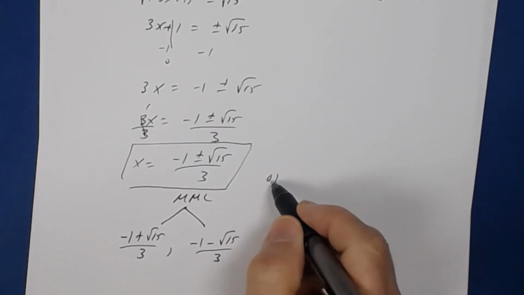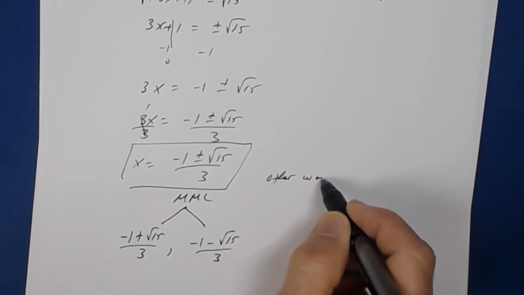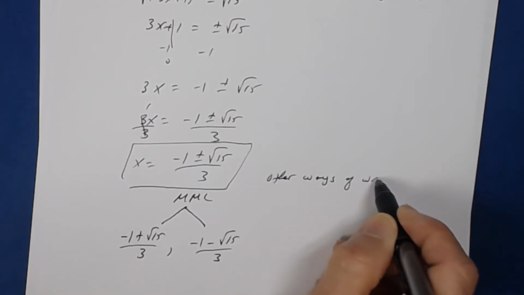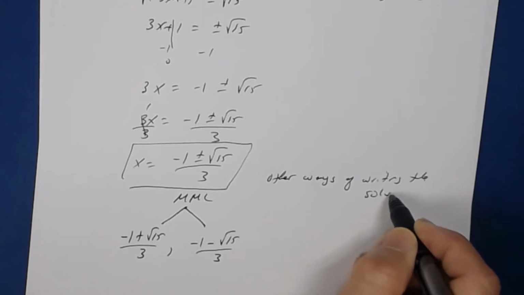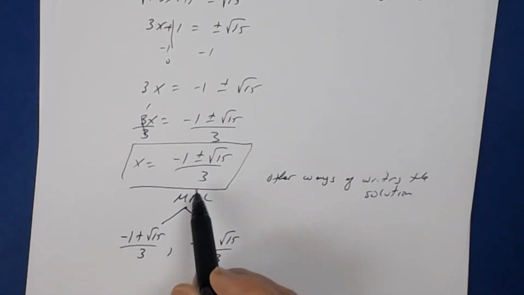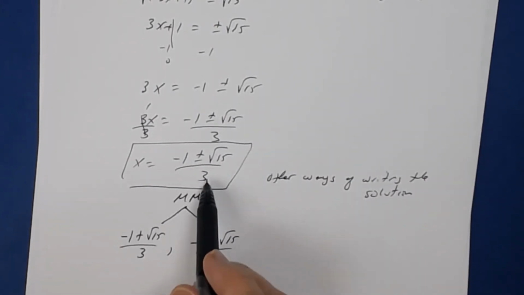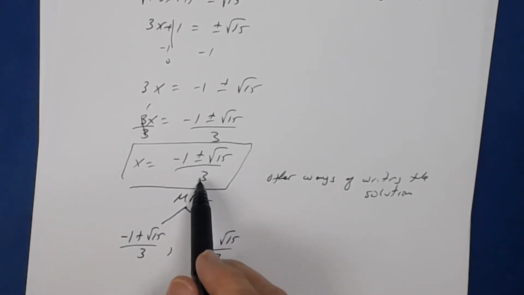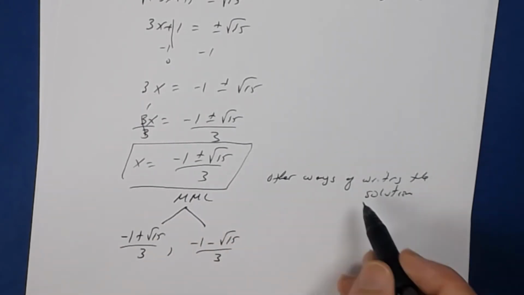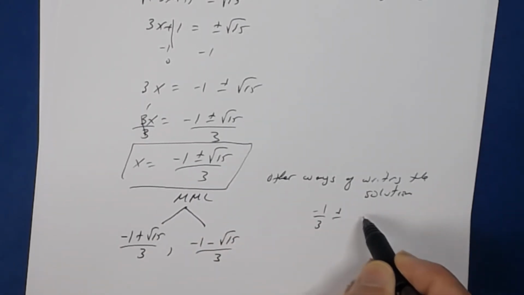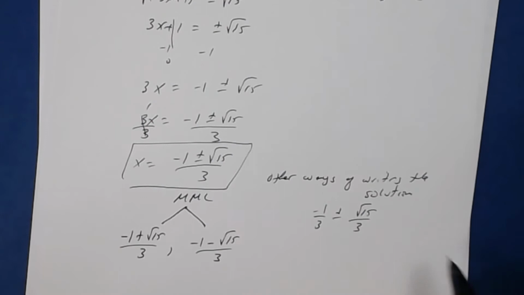Now there are some other ways of writing the solution. So remember, since my denominator is just one number, it's just one term, I can say negative 1/3 plus or minus the square root of 15 divided by 3.